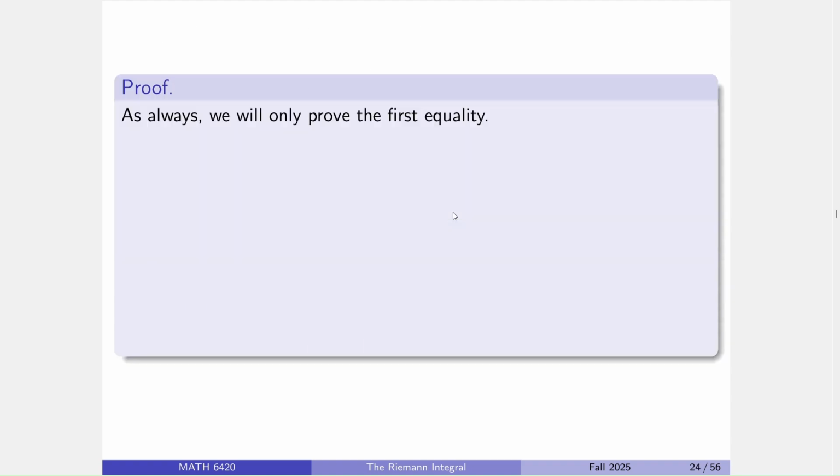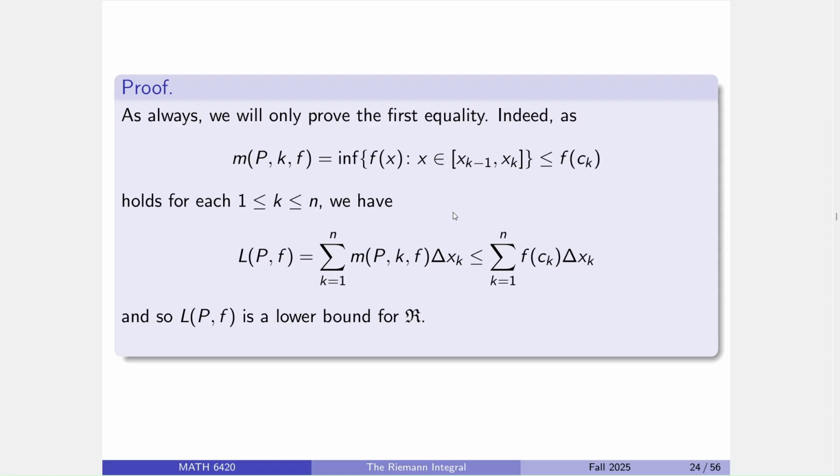All right, now let's work out the details of that proof. As always, I'm only going to do the first one, and note that for the other one you flip the sups to infs, and the other way around, flip the infs to sups. First thing to note, if you're looking at the lower Darboux sums, you're looking at the infimum of your function on every subinterval, which is always less than or equal to the function evaluated at any point.